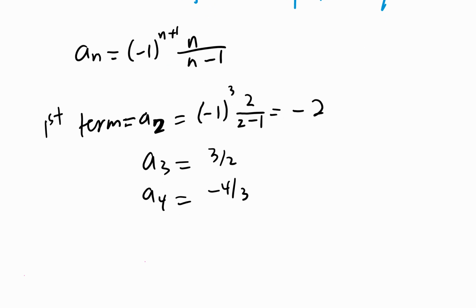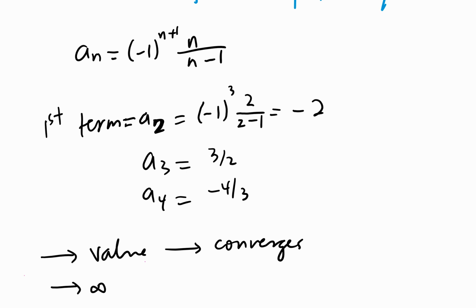Now, if the more numbers you list, the more you think it's approaching a specific value, then we say the sequence converges. If it goes to infinity or does not exist, then we say it diverges.